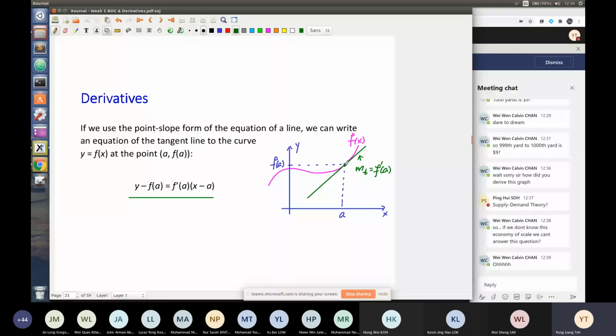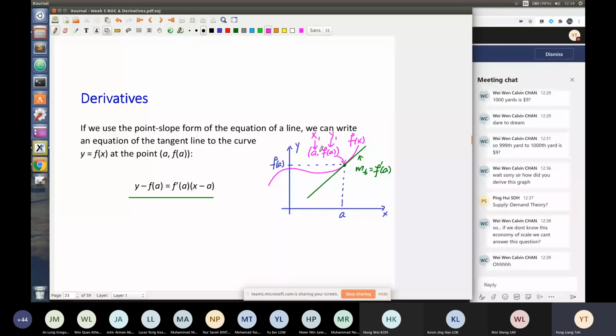You can see this is at point x equals to A. So you can basically see that y minus y1, because the coordinate at this point is A, f of A. So this is my x1, this is my y1.